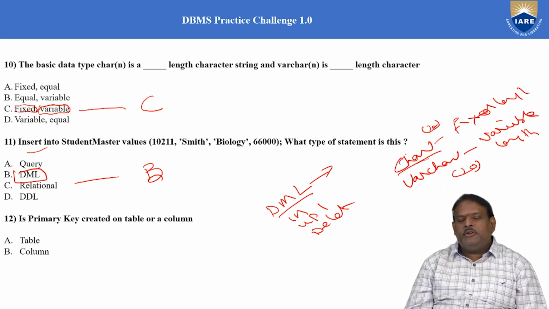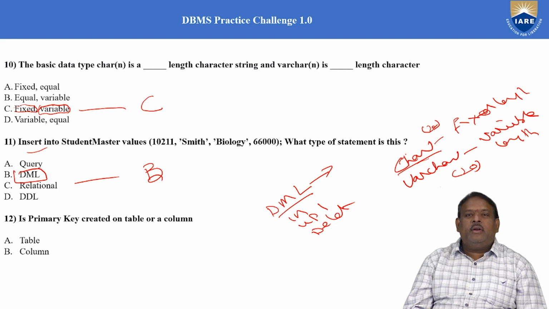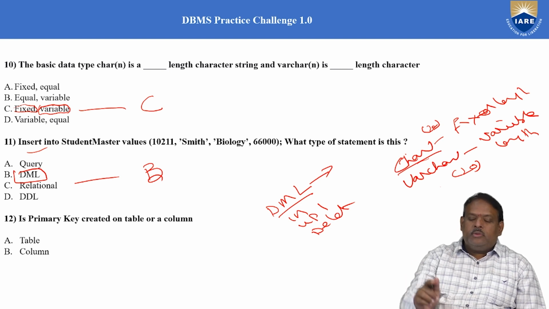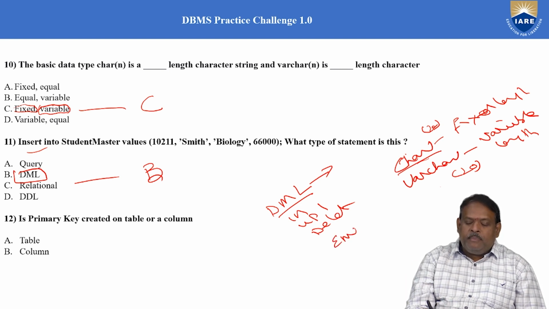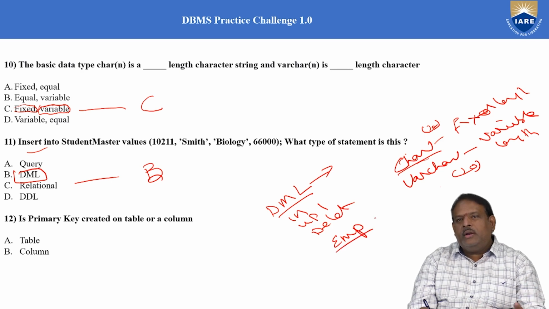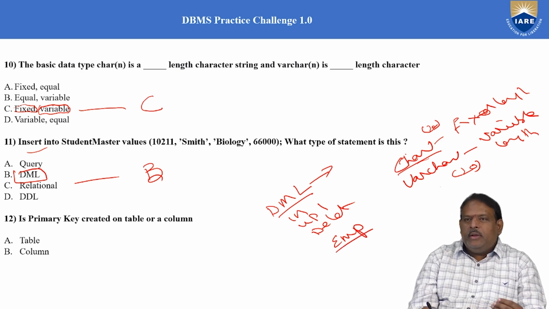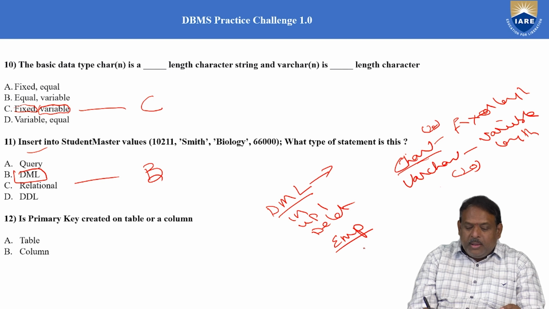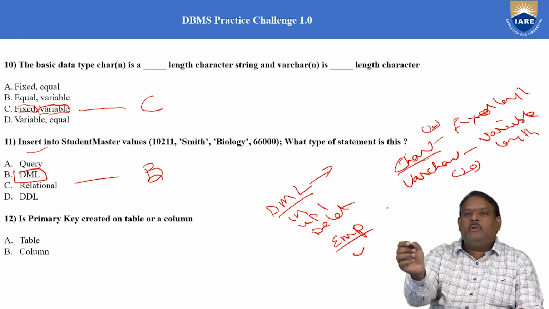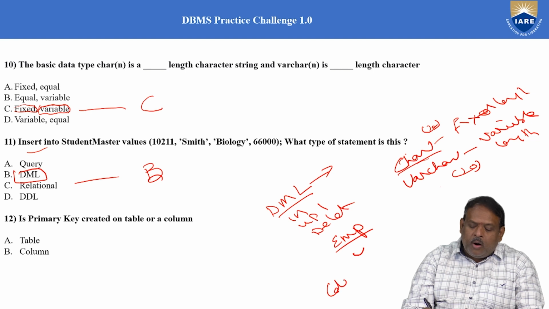Next question, the 12th question: is a primary key generated on a table or a column? We have two options here, table and column. A primary key makes sure that no data in the table is a duplicate. Generally, a primary key is created on a column, but it is linked to a table. Suppose a table named EMP has two columns, EMP ID and EMP name.